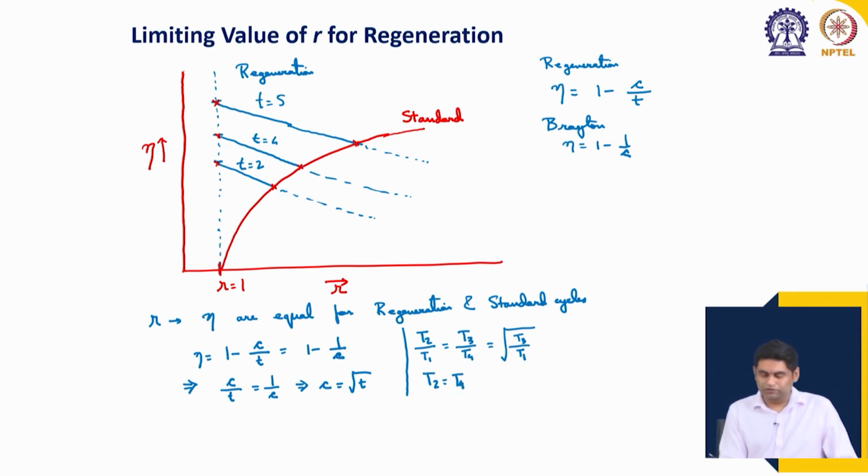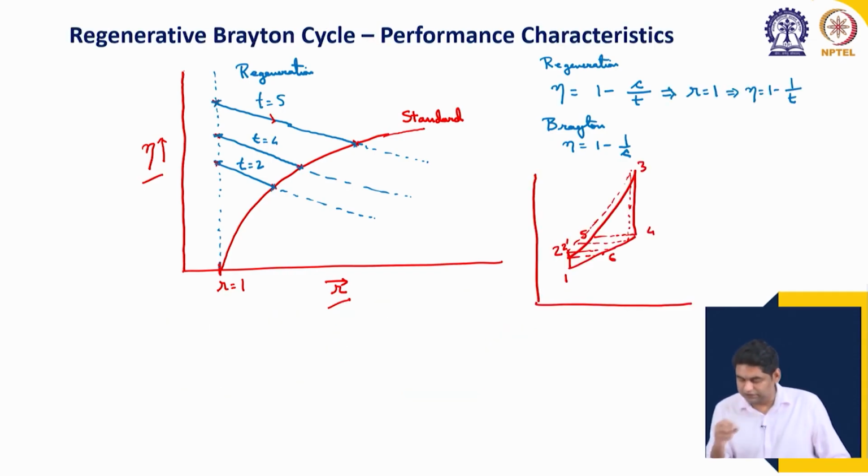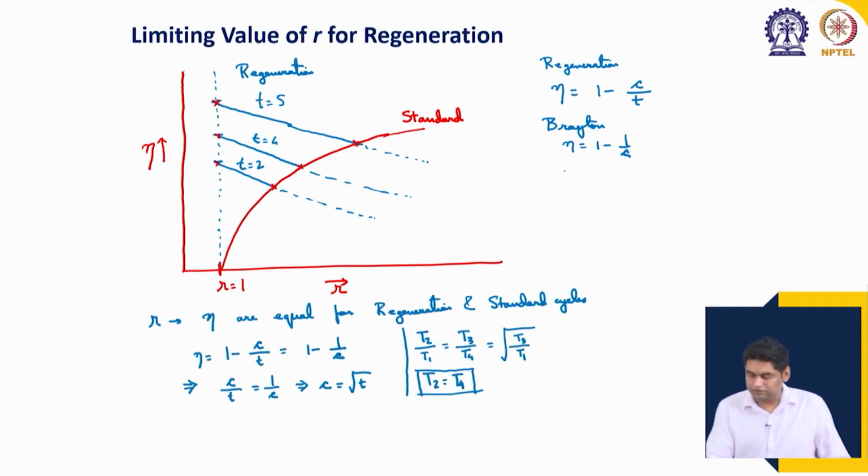So, at T2 equal to T4, the efficiencies become equal, and that is understandable, because once T2 becomes equal to T4, let us have a quick draw again. Let us say we have reached a case where T2 is equal to T4.